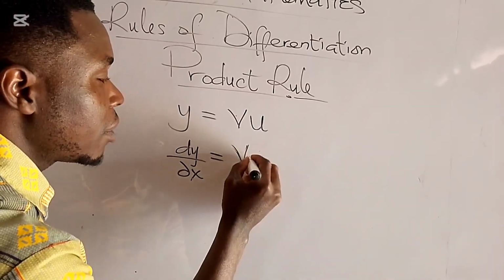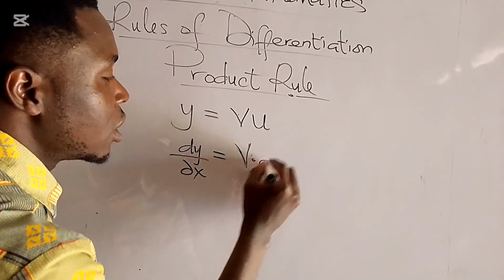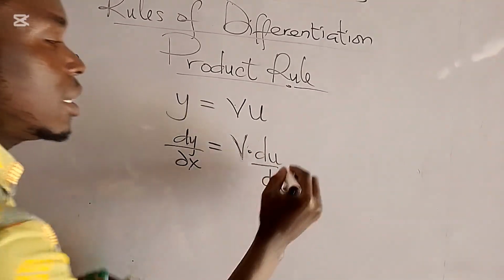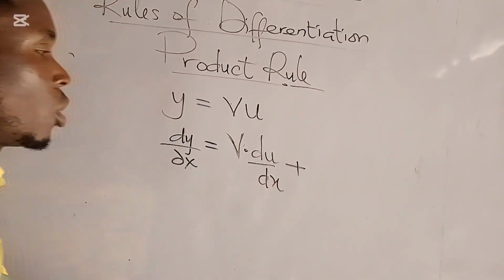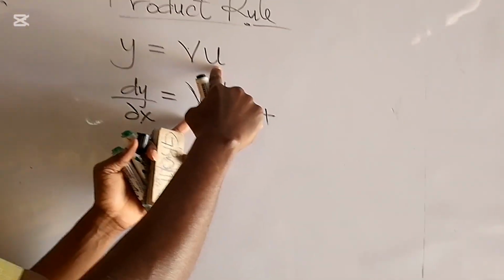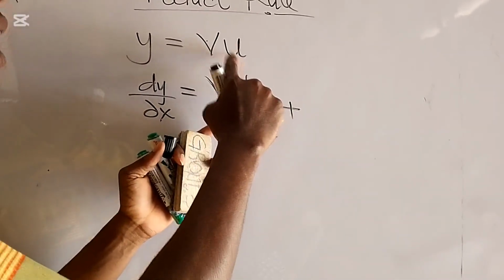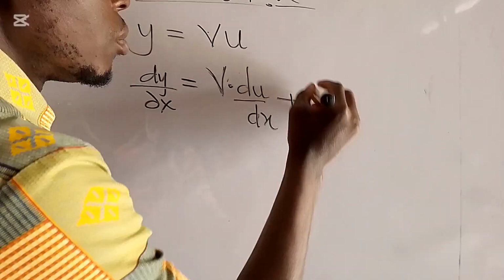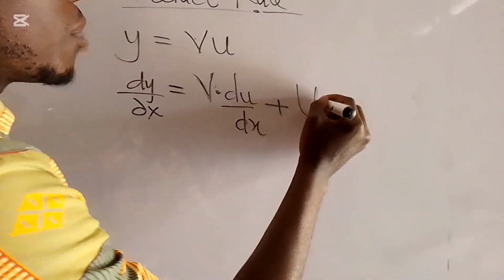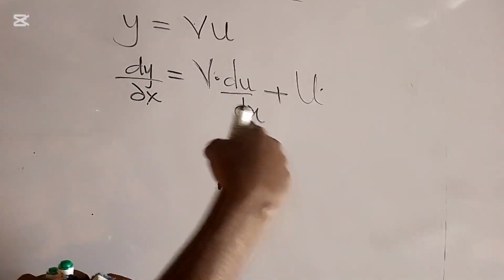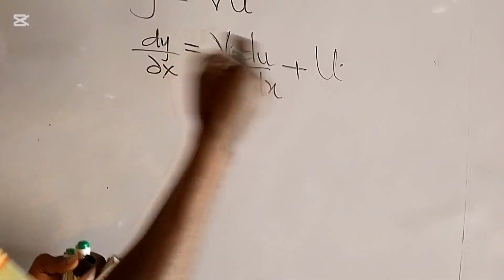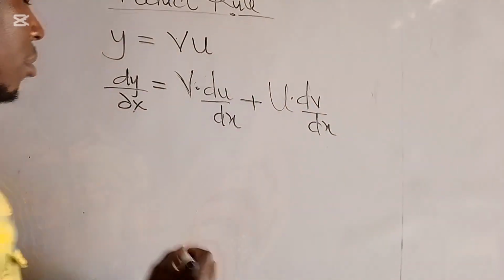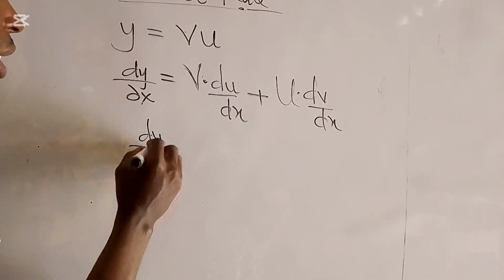Let me put a dot here, signifying multiplication: v dot du over dx. Then we add it to, you now hold u, then you differentiate v. So we hold u, this is a multiplication sign, then let's differentiate v with respect to x. So we have dv over dx. I believe you are following.